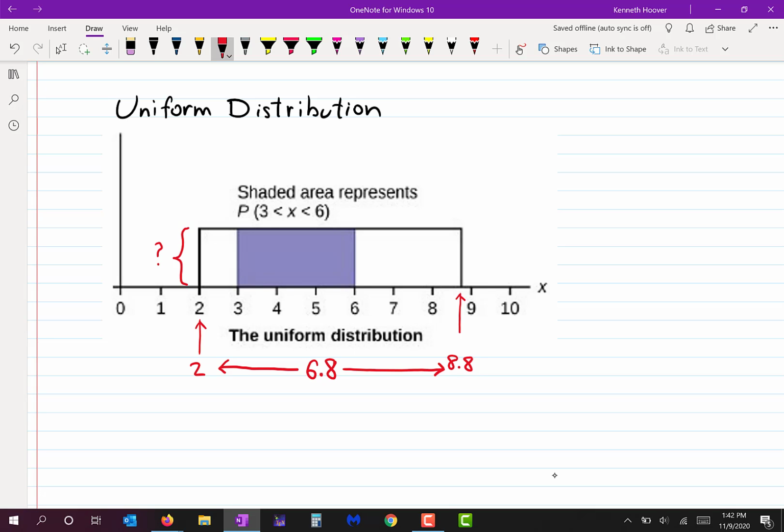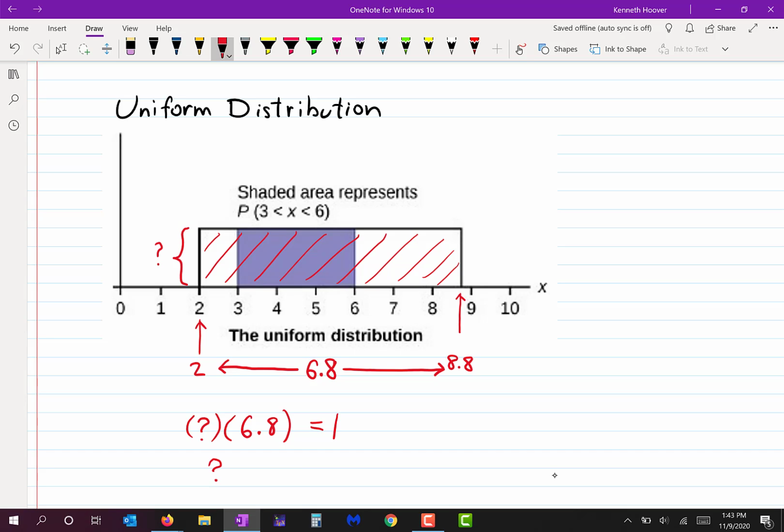Now remember what I said about probability distributions. The area under the graph totals 1. So this rectangle here has a total area of 1. Area equals length times width. So in this case, question mark times 6.8 has to equal 1.